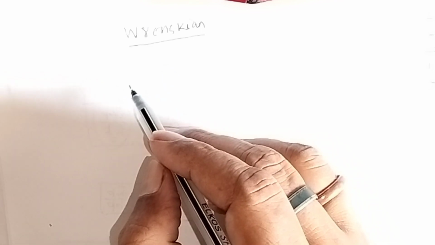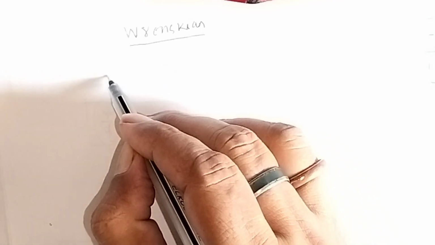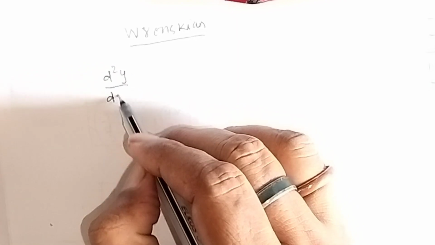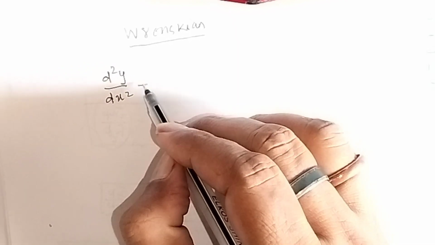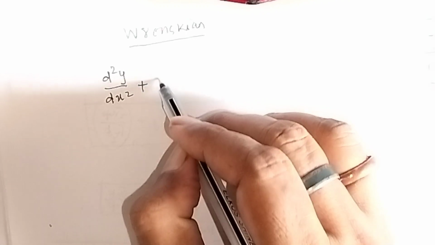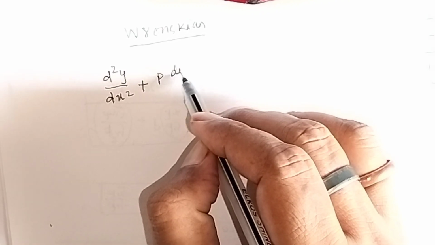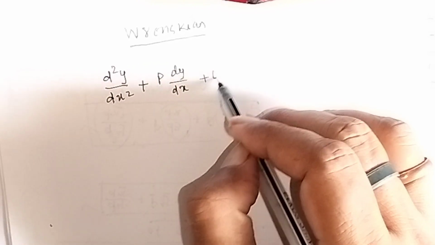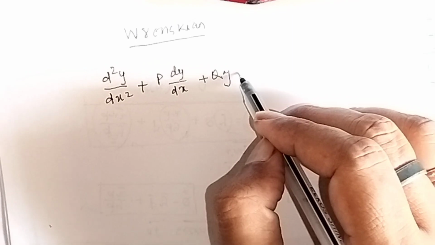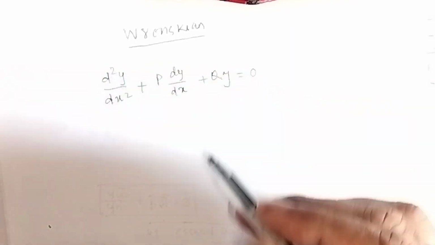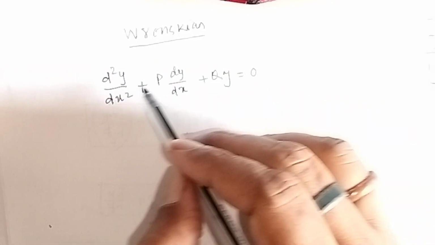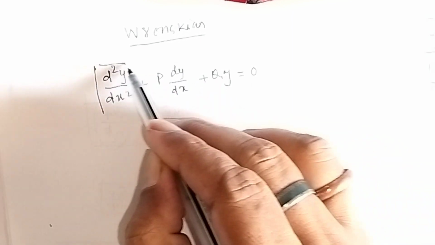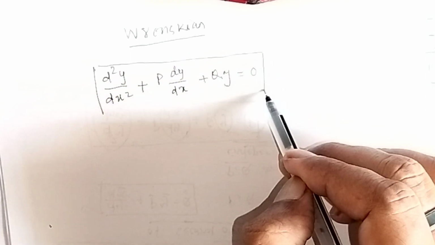Suppose you have a second order differential equation: the second derivative of y with respect to x plus p times the first derivative of y with respect to x plus q times y equals 0. This is a given differential equation, and you have to find its solution.